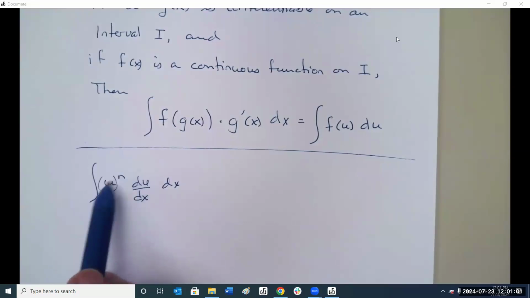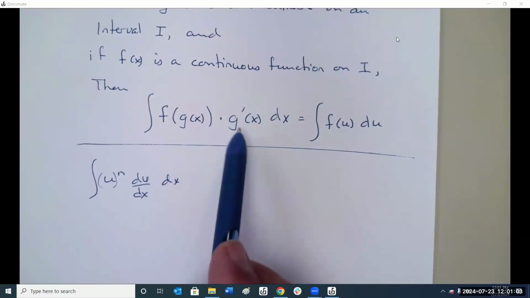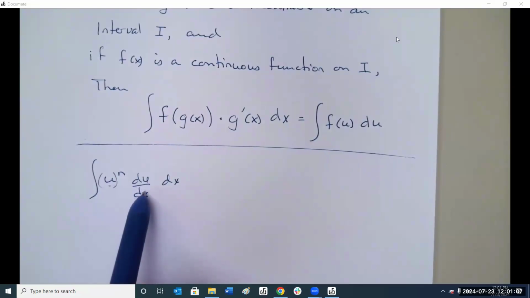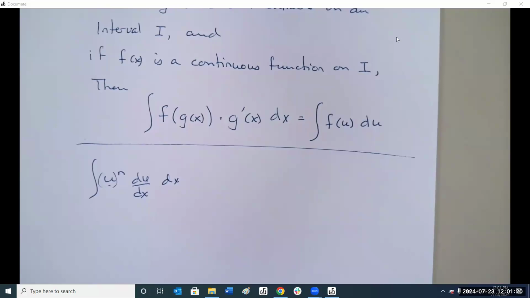So it's a function within a function. Take the derivative of it, that's g prime. Whatever is inside there, it's g. That's g prime dx. So it's the same thing. So we've been using the substitution rule without giving it a name.